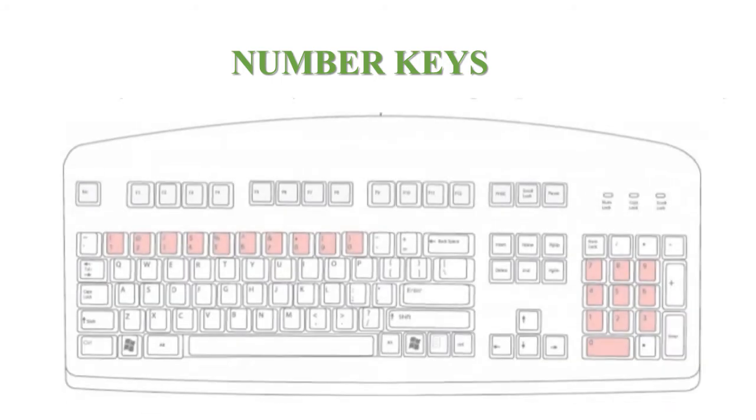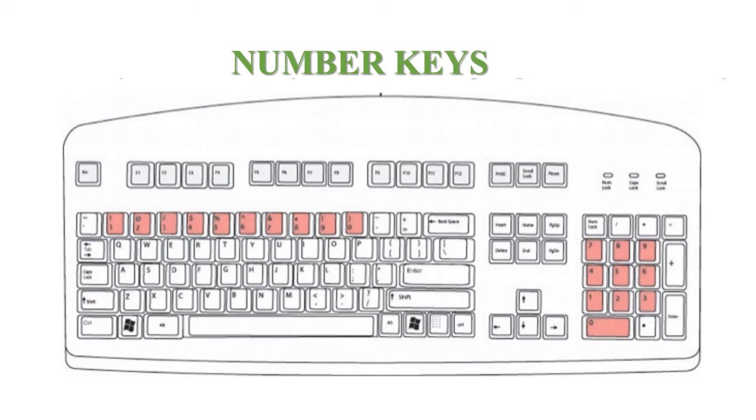Okay, let's learn about the next type, that is number keys. By saying number itself you can understand, right? Number means 0, 1, 2, 3. These are the numbers, right? In our keyboard, numbers will be given: 1, 2, 3, 4, 5, 6, 7, 8, 9 and 0. These number keys are called numeric keys, okay?